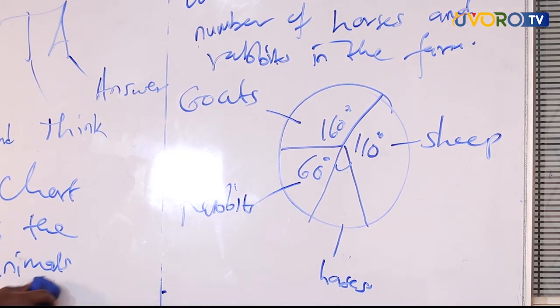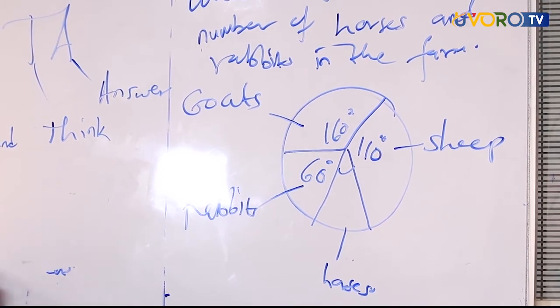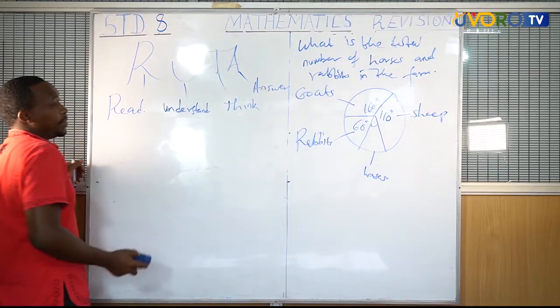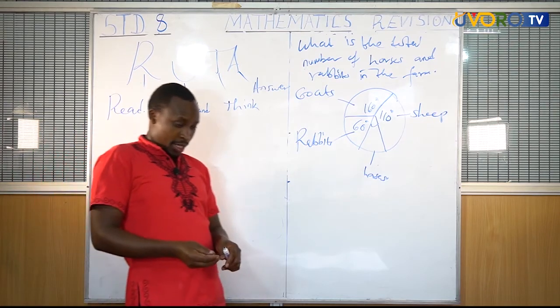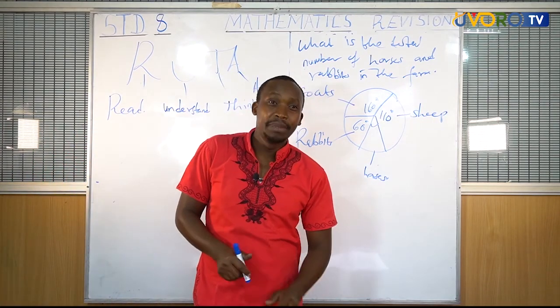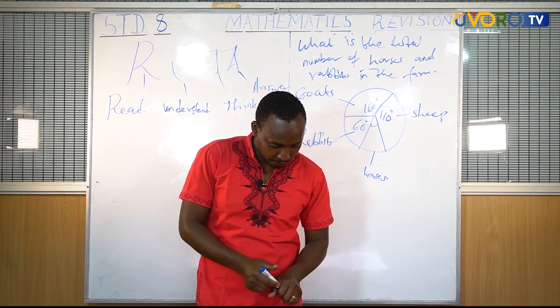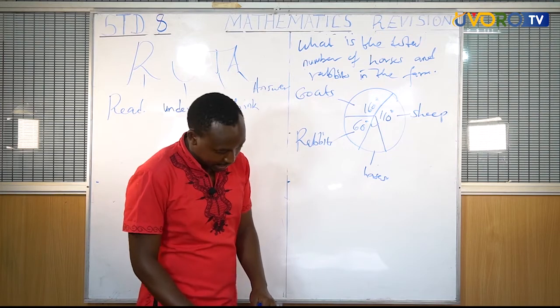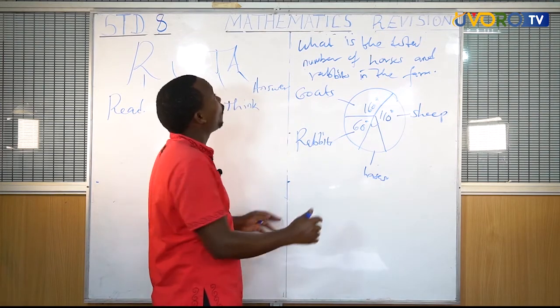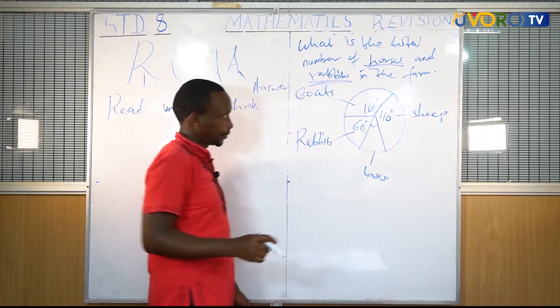All right. Class 8 pupils, I'd like to tell you that mathematics is the best option ever. Remember, you will not find it in any other subject being given a pie chart. So now, you are asked, what is the total number of horses and rabbits?